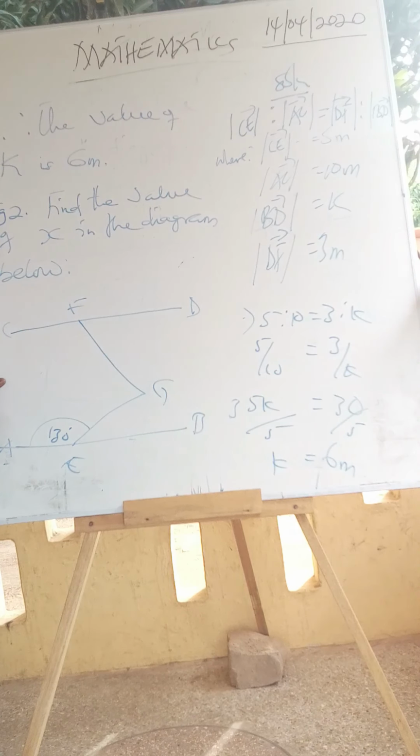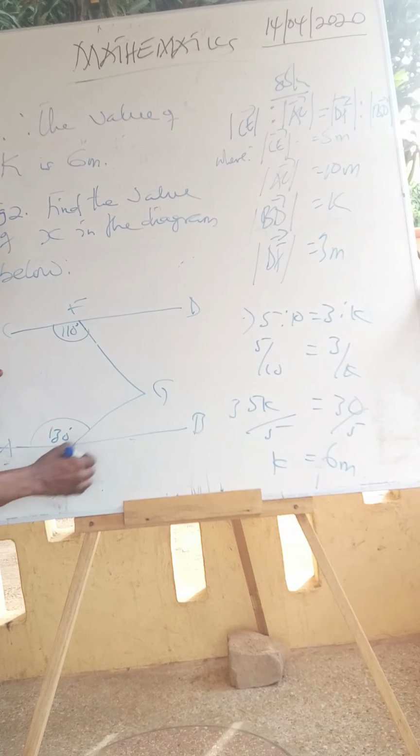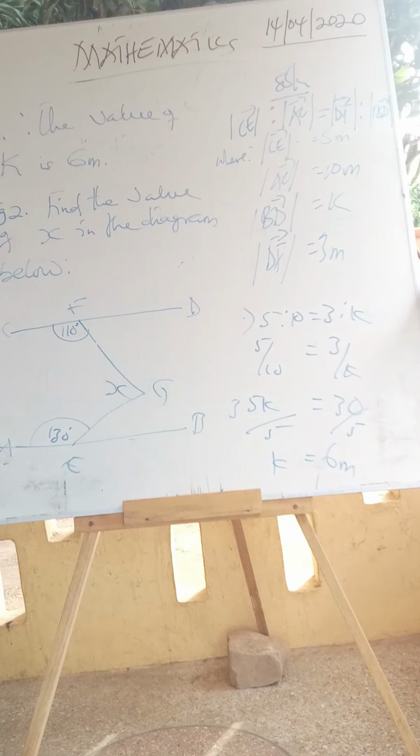Here I have 110 degrees. And then I have my x here. So you are asked to find the value of x.